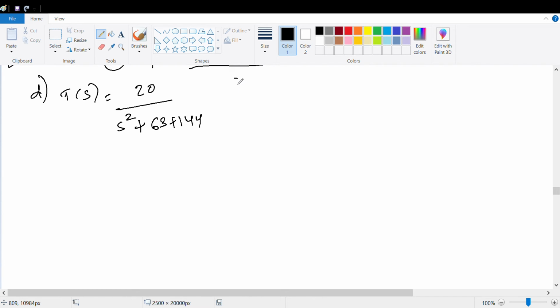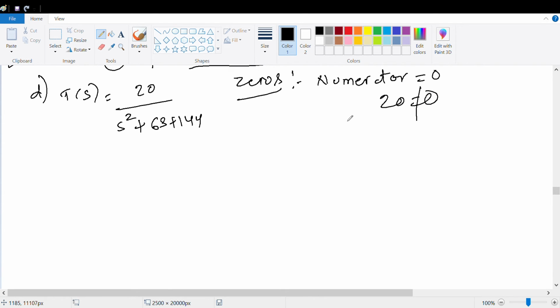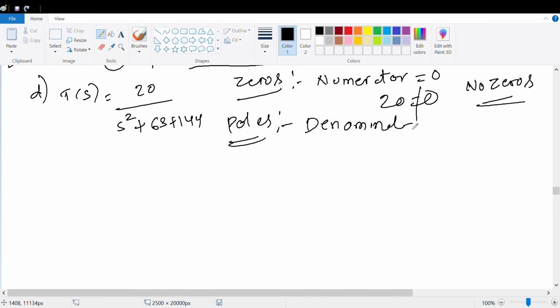Same way, for zeros, numerator equals 0. 20 equal to 0 is not correct, so there is no S term. If there were only an S term, then the zero would be at 0, so no zeros. For poles, denominator equals 0, therefore S square plus 6s plus 144 equals 0.